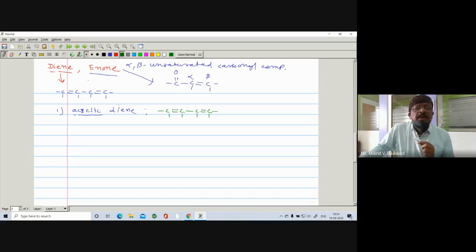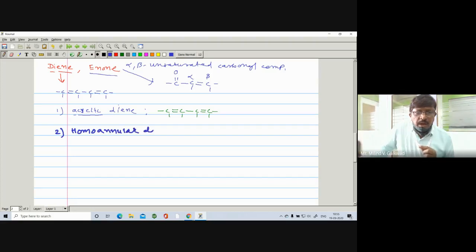Number two is the homoannular diene. So what is this homoannular diene? Again, if you take an example, here is a ring compound.